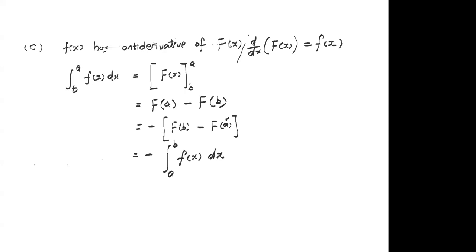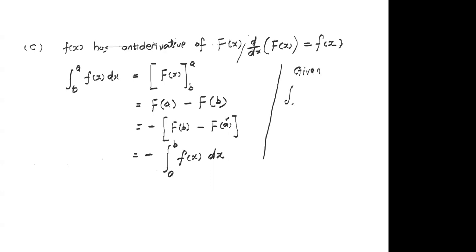If I switch the limit, the sign of the value of the definite integral will change. If I got negative, then it will become positive. If I got positive, it will become negative if I switch the sign.